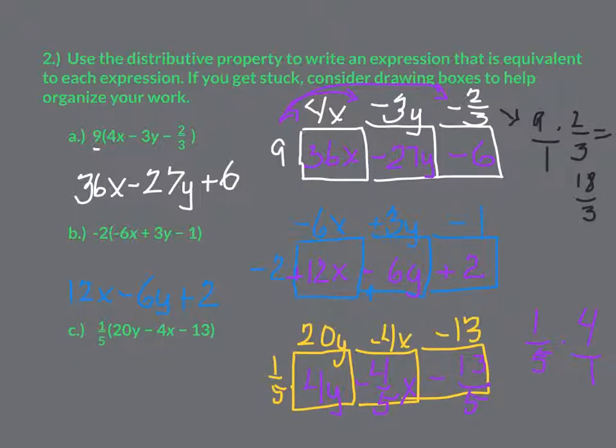So therefore, this makes my answer 4y minus 4/5 x. That does not look like a 5, does it? I need to fix that. Sometimes these styluses always give us a hard time. And then minus 13/5. Okay.